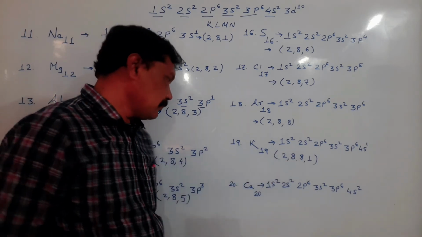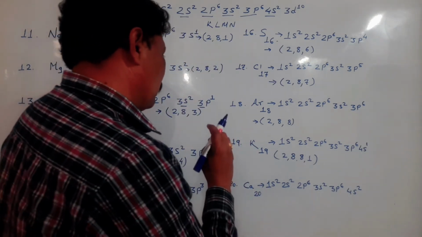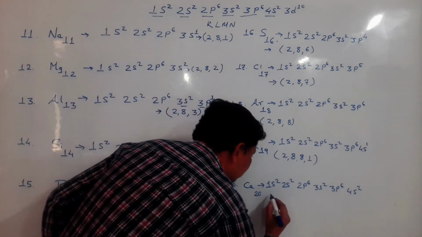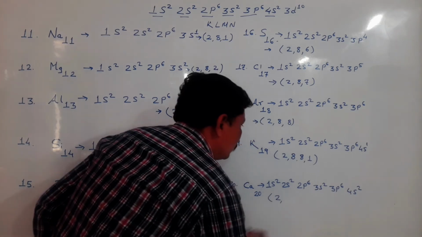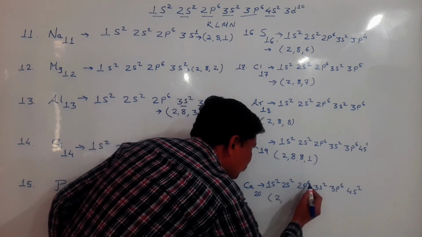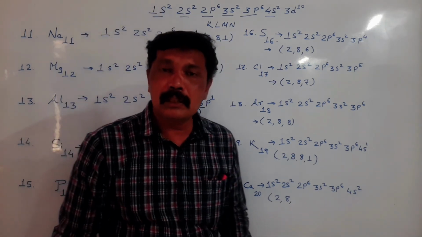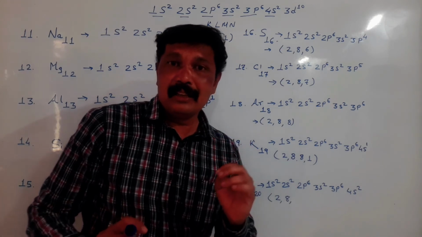Got it? Now again we will count the electronic configuration of calcium. 1s2, 2s and 2p, 6 plus 2, 8. Now here you will think, my dear student, the capacity of the third shell is 18.